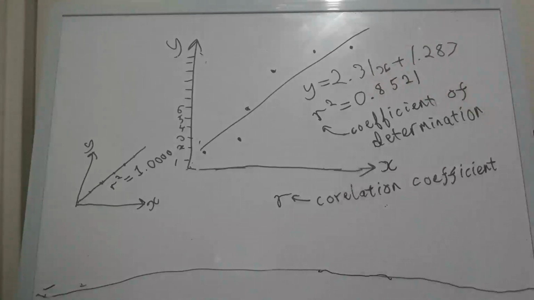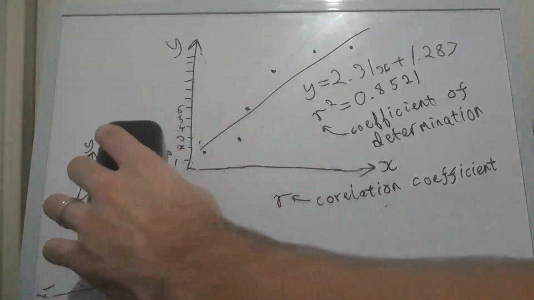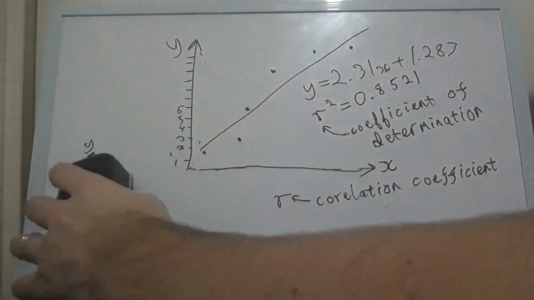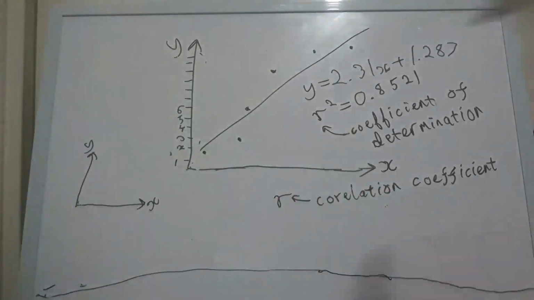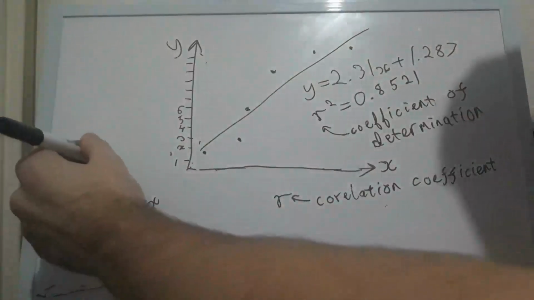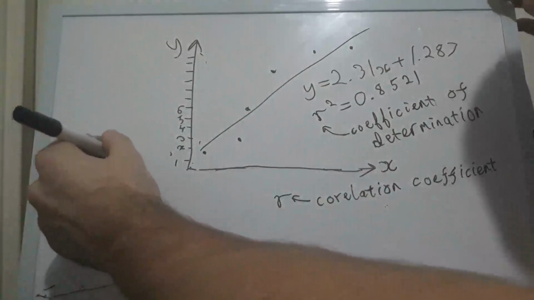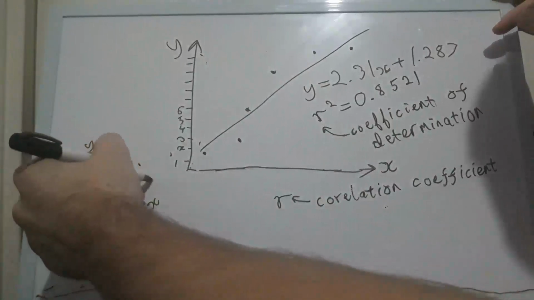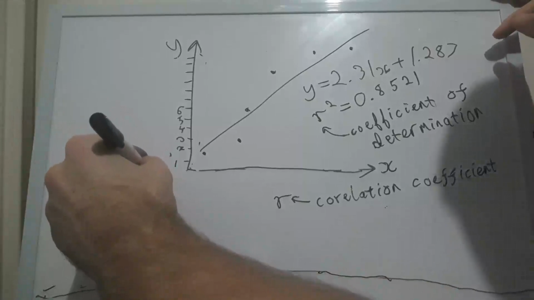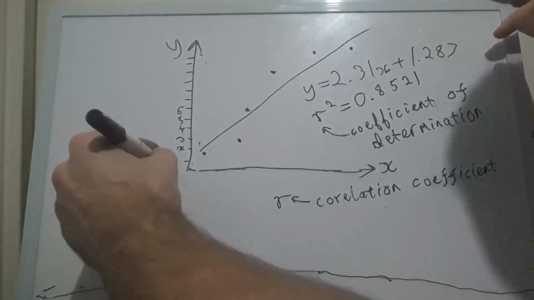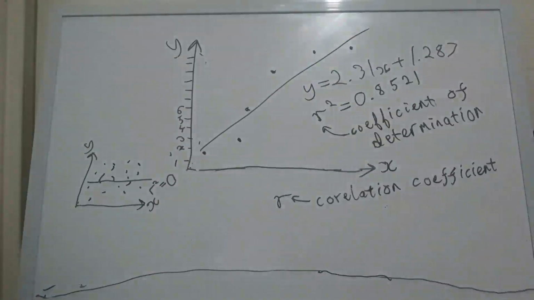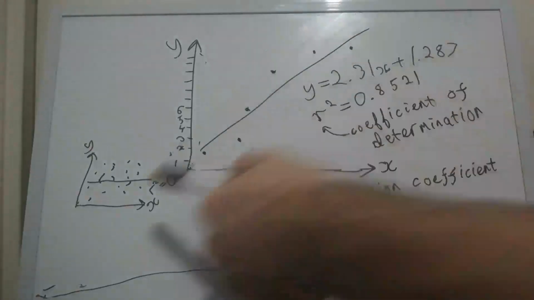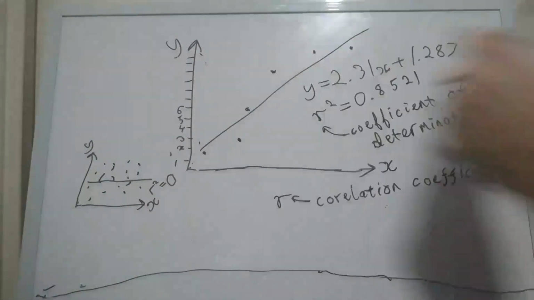Now, alternatively, let's say you had just a bunch of random data points. You can't draw a single line through it. Let's say you have a line like that. If you got an r-squared value of 0, there is no correlation between your x value and your y values.